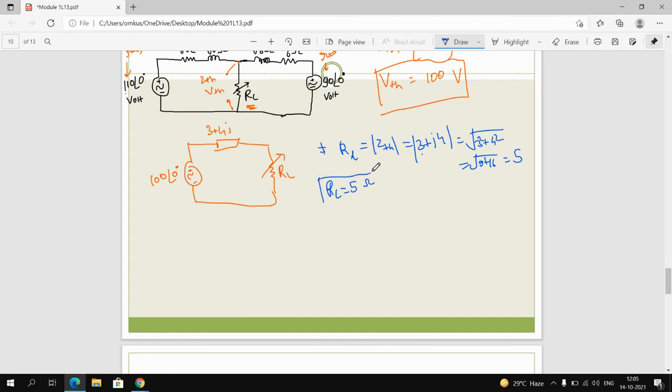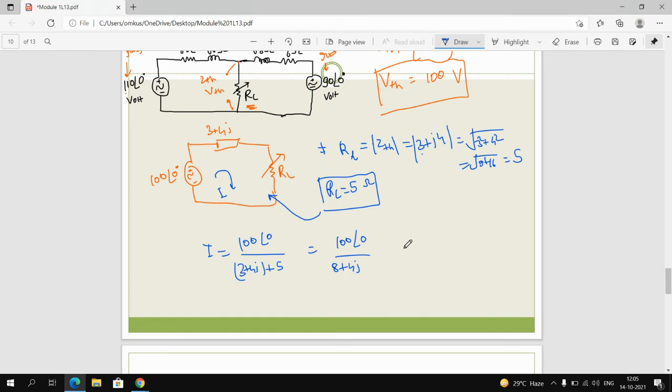Only when you put this value in this circuit, then what is the value of current here? I is nothing but the total voltage divided by total impedance. What is the total impedance? 3 plus 4j plus 5. So when you solve this, you will get 100 at an angle of 0 over 5 plus 3 is 8 plus 4j.